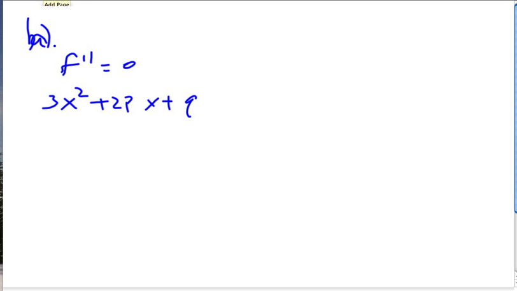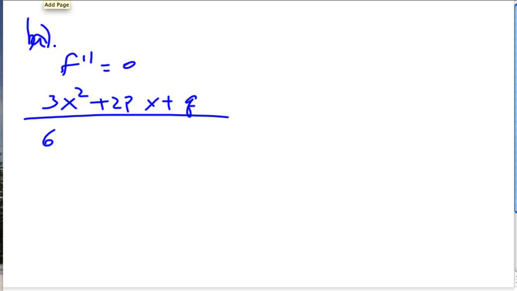B. Find the value of p so that the graph of f changes concavity at x equals 2. So when does a function change concavity? When the second derivative of the original function is equal to 0. This is f prime, 3x squared plus 2px plus q, so we have to differentiate again.